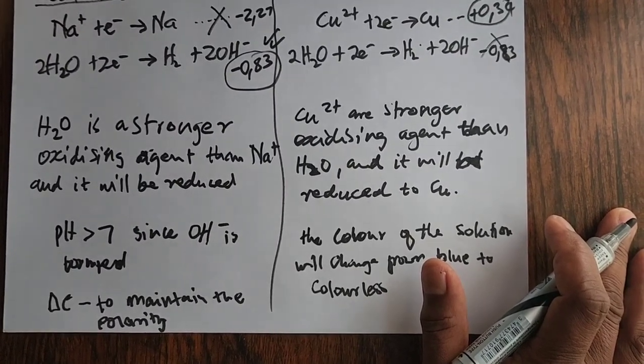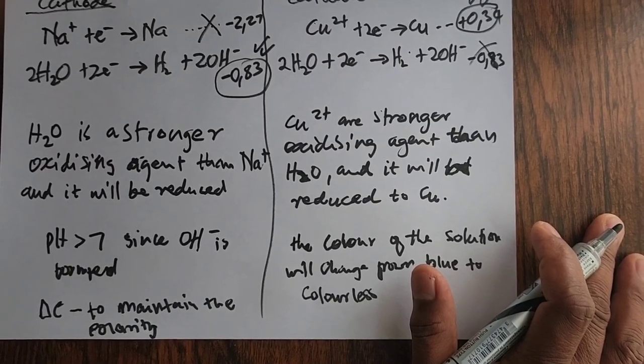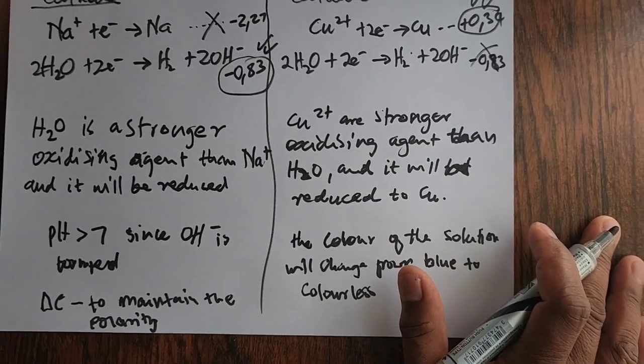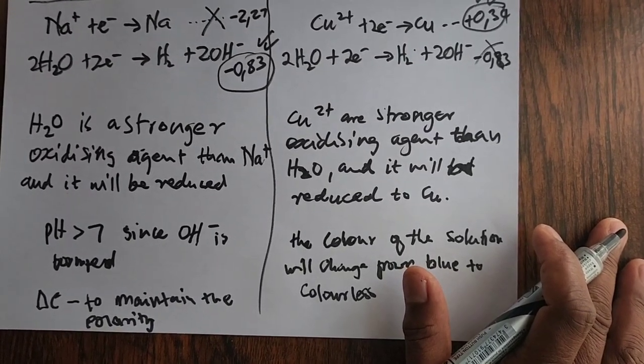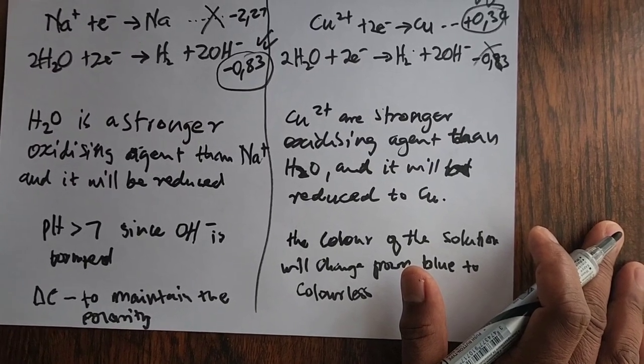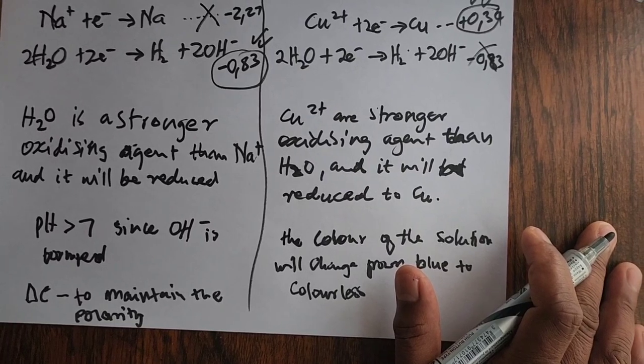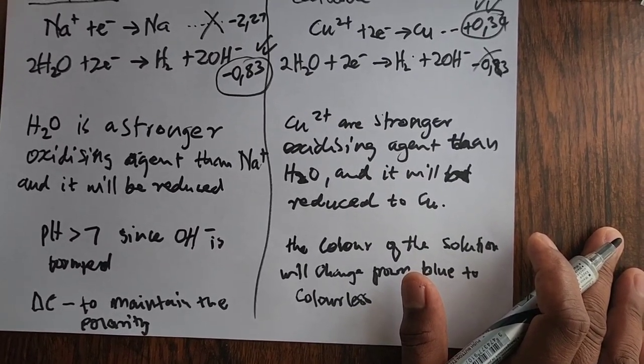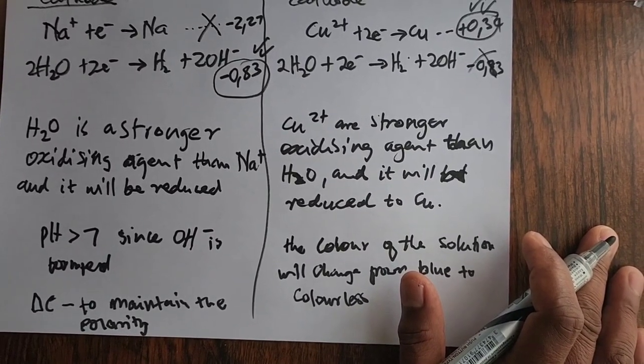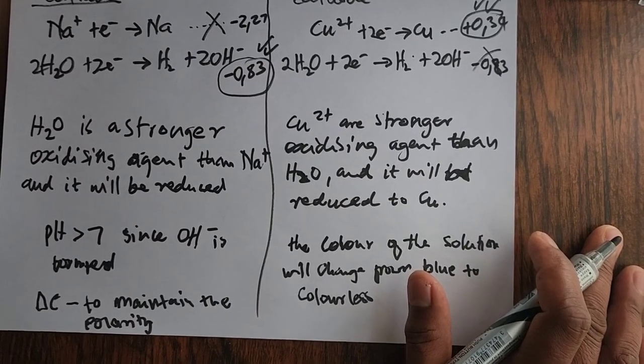In the case of copper chloride, copper will emerge. There will be a brown layer on the cathode electrode. So let's pause. We'll talk about the two other cells which are using active electrodes. Thank you.